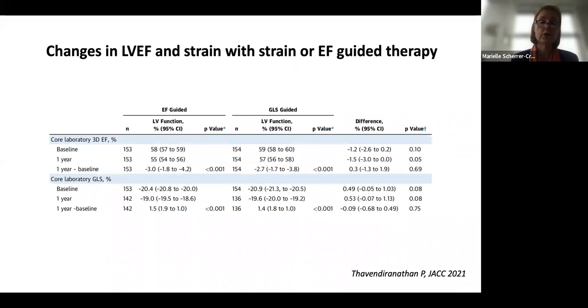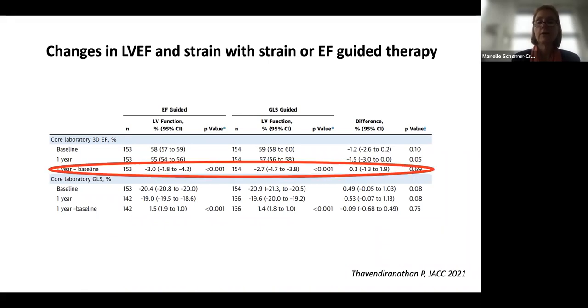And in a nutshell, the results of their study was unfortunately negative. Although they had many more patients who had a decrease of strain, and so that they placed on cardioprotective therapy, there was no difference at 1 year at least in the EF between those two groups.